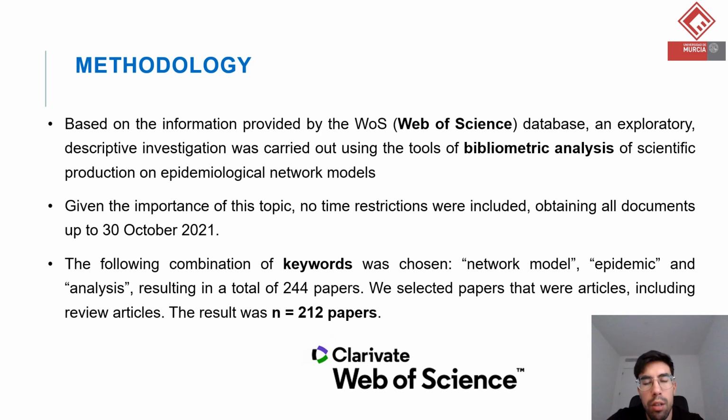Some of these combinations result in a very small number of papers, and others included many papers that were unrelated to this research. The following combination of keywords was chosen: network model, epidemic, and analysis, resulting in a total of 244 papers. We selected papers that were articles, including review articles. The result was 212 papers.